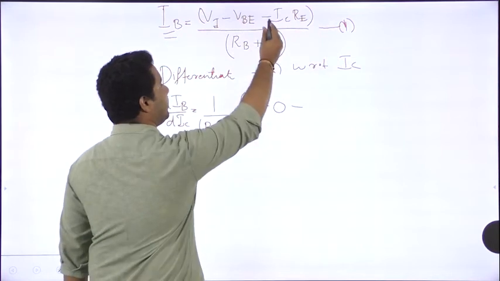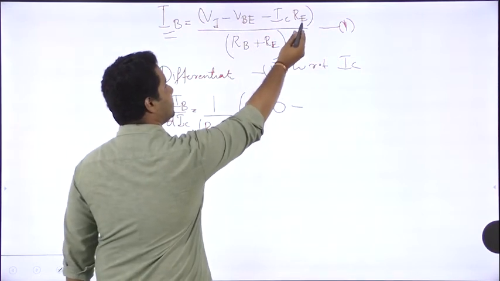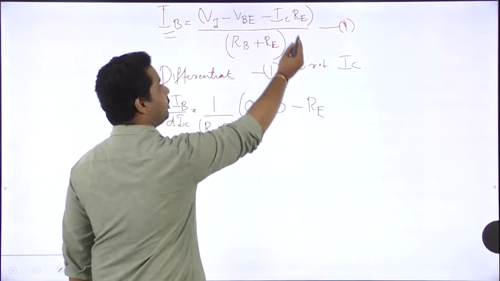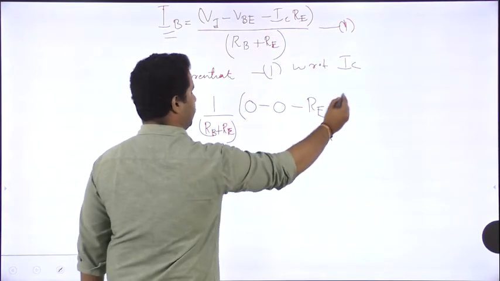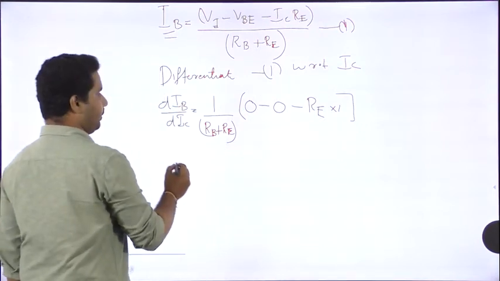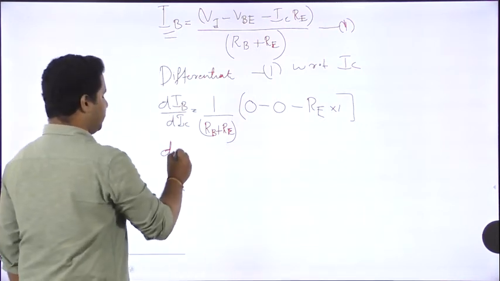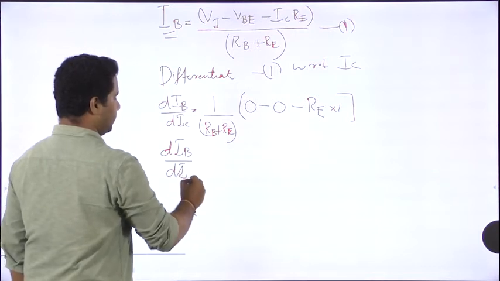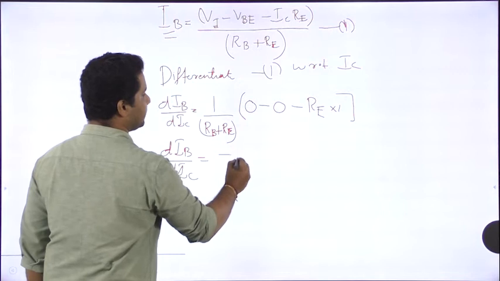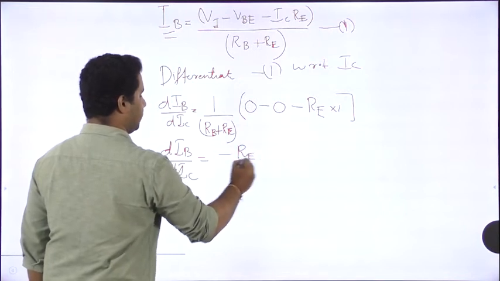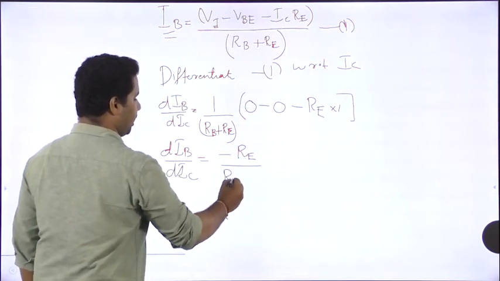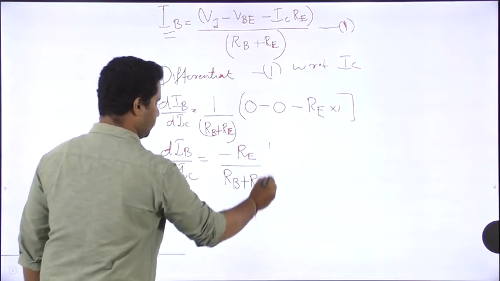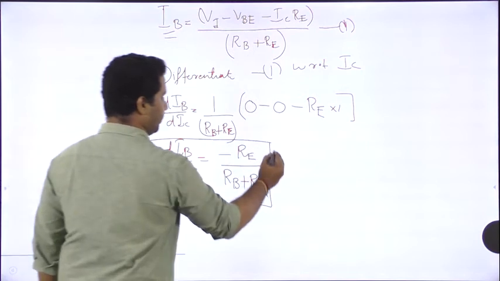Minus here, d by dIC of IC RE means this RE is constant, and d by dIC of IC is what? 1 only. So what we will be getting here is dIB by dIC is equal to minus RE divided by RB plus RE. This is your equation number 2.